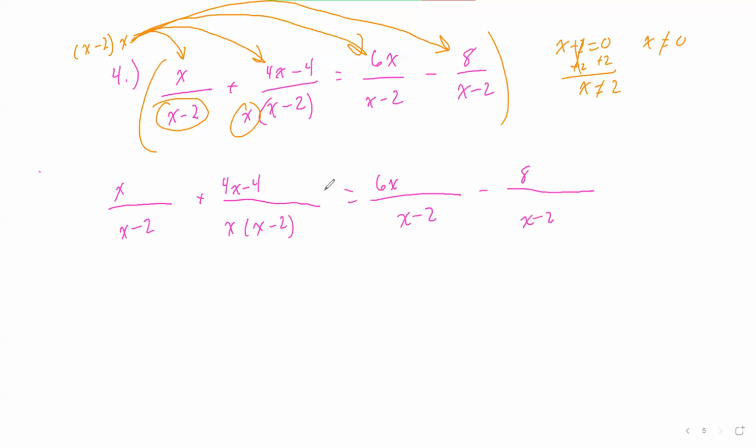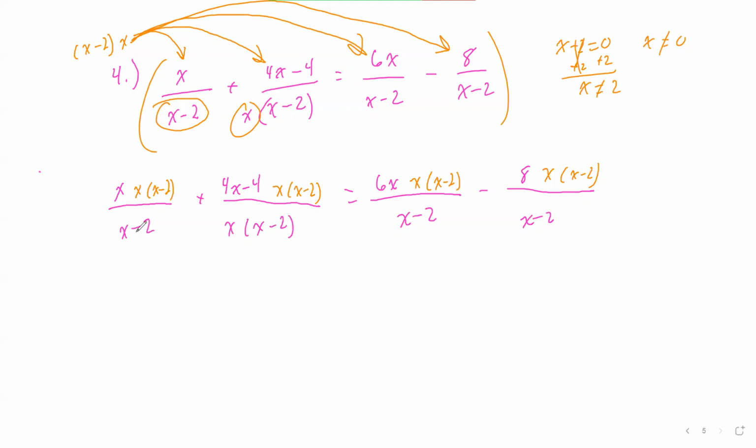Now I'm going to multiply this denominator to everything. So there's now another x and x minus 2 on each term. As long as I'm multiplying everything by the exact same thing, I can do this. I haven't changed the value because I've done it to every term.